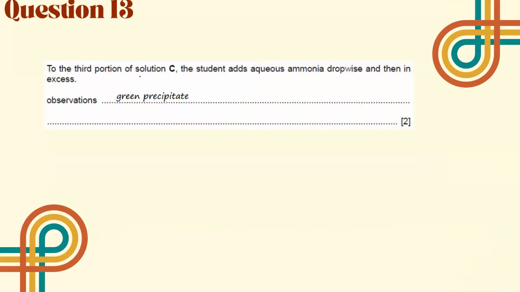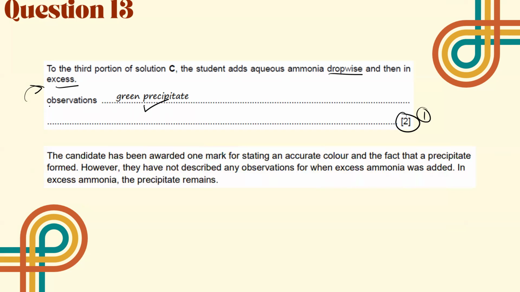Next question: to the third portion of solution C, the student adds aqueous ammonia drop-wise and then in excess. Observation: green precipitate. So what do you think? Will the student get the mark for this one? The student will get only 1 mark for this, because the student wrote what will happen if we add ammonia drop-wise, but did not write what will happen when we add ammonia in excess. So you have to mention that also.